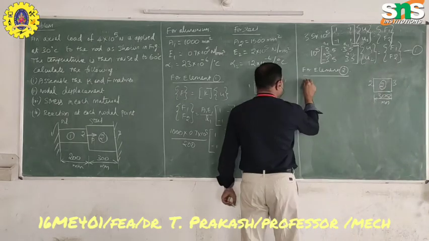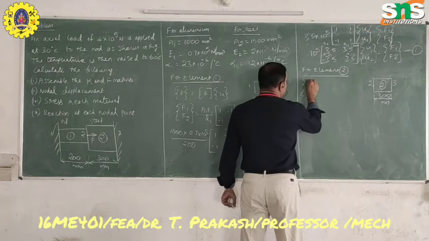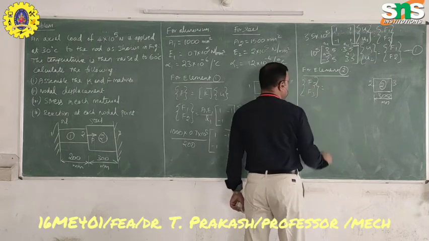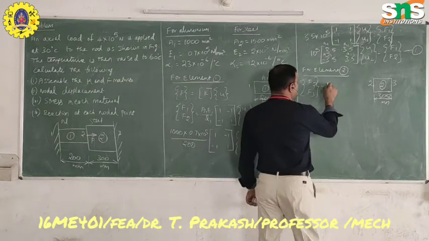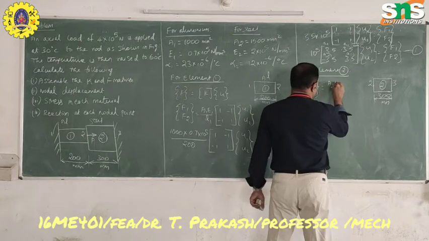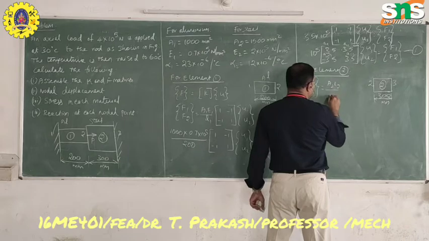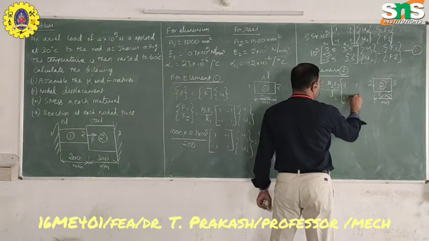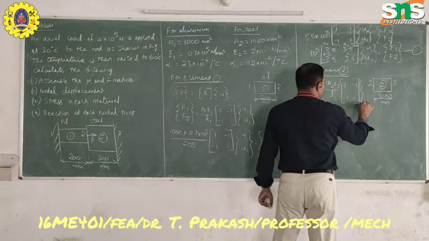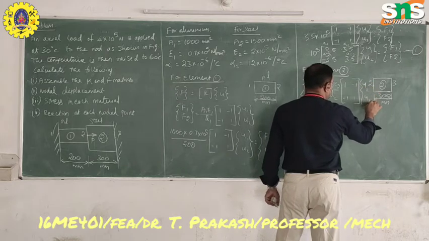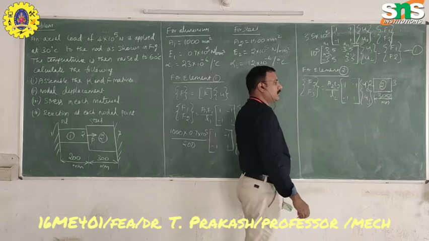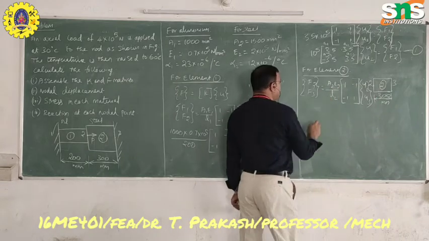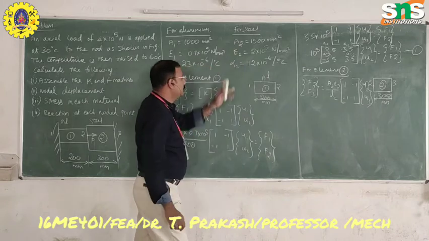Same formula: the force vectors F2 and F3 are equal to A2 E2 by L for the second element, times the stiffness matrix 1 minus 1, minus 1 1, then U2, U3, the nodal displacements for the second element. Therefore, substitute the values of A, E, L for steel.